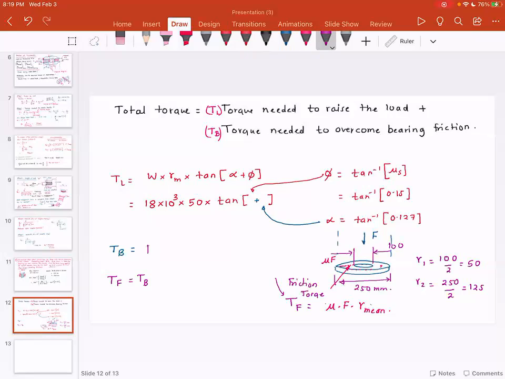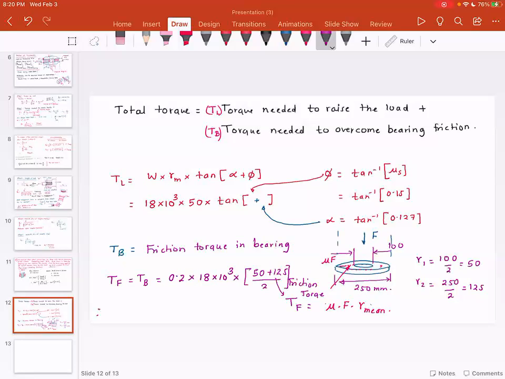This is the frictional torque in bearing. It is equal to the value of mu. Please note the value of mu for the bearing is different, which is 0.2, multiplied by the load, which is 18 kilonewtons, multiplied by the mean radius, which is (50 plus 125) divided by 2.